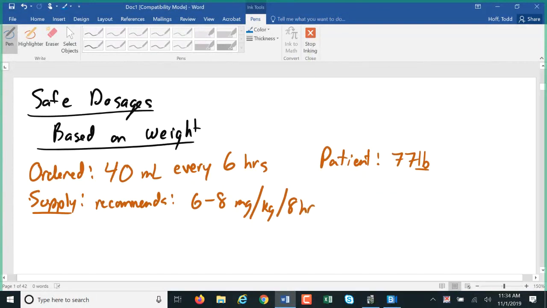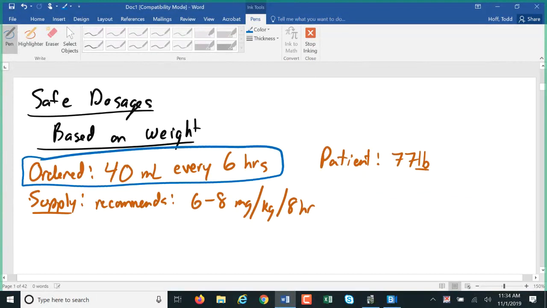To start off with, we completely ignore the doctor's order. We are calculating this as though we are calculating the dosage ourselves. So I have a patient that is 77 pounds, divide by 2.2, which gives us 35 kilograms.